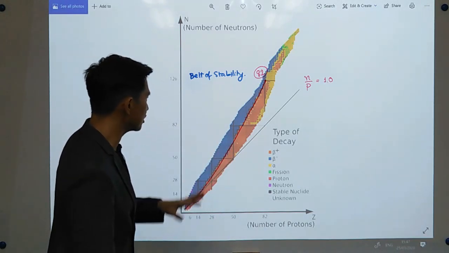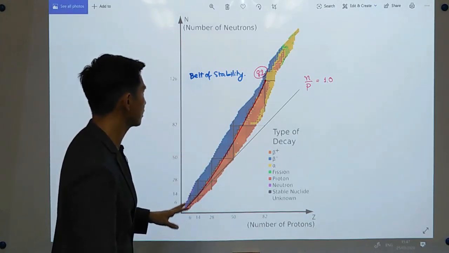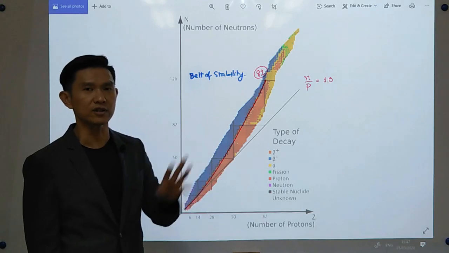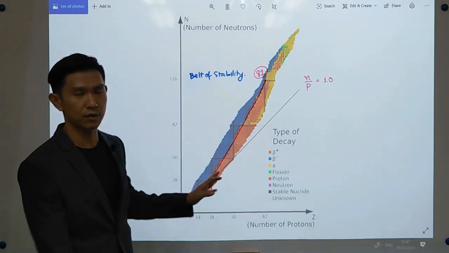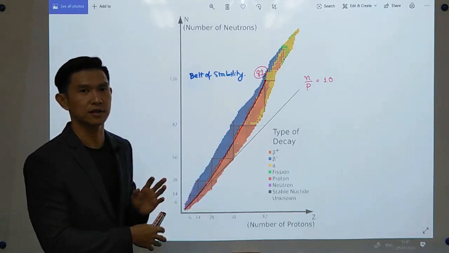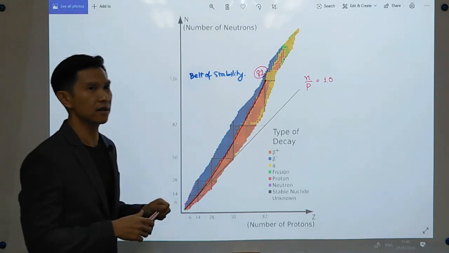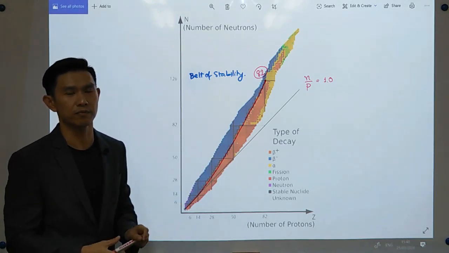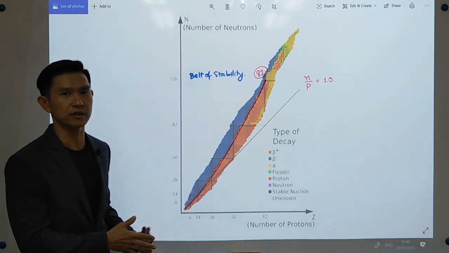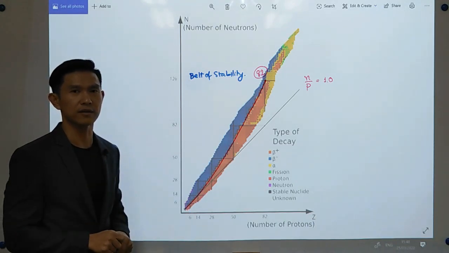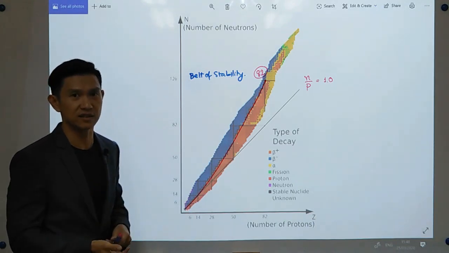Okay, so now I just showed you the belt of stability, and if it's not stable, it's not on the belt, it will try to go back to the belt. Now we're going to look at how we can move things back to the belt of stability by some kind of radioactivity.